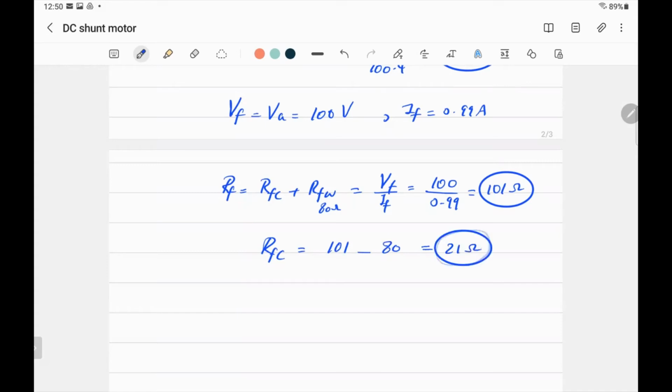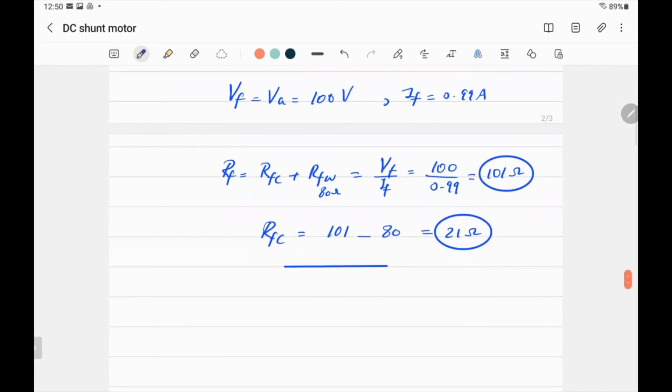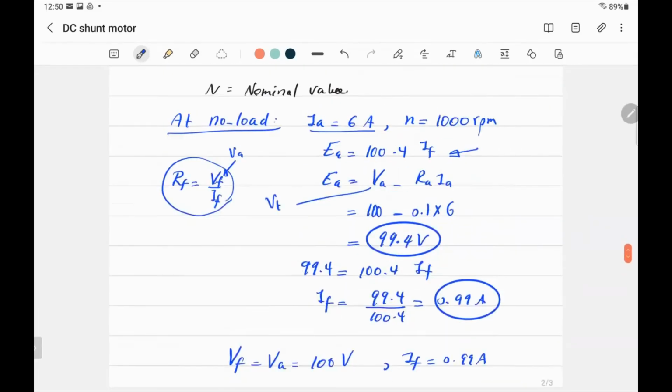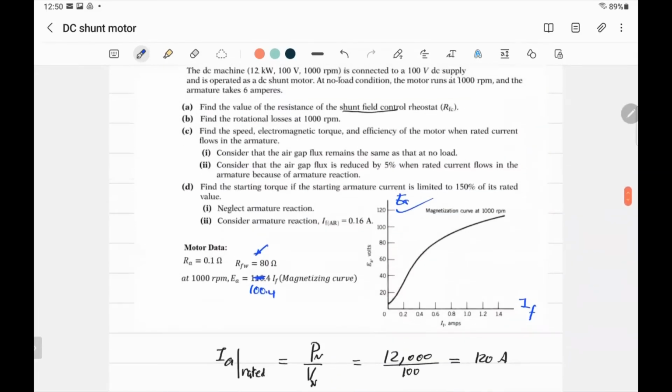That's very useful, because it tells you if you want to control the flux in the machine, you can adjust the rheostat connected to the field to get a specific voltage, to get a specific speed. So the first part was easy, how to find that. Okay. Now let's go to the second part.